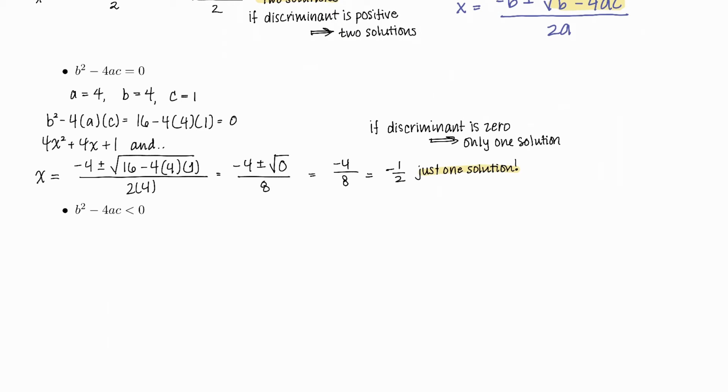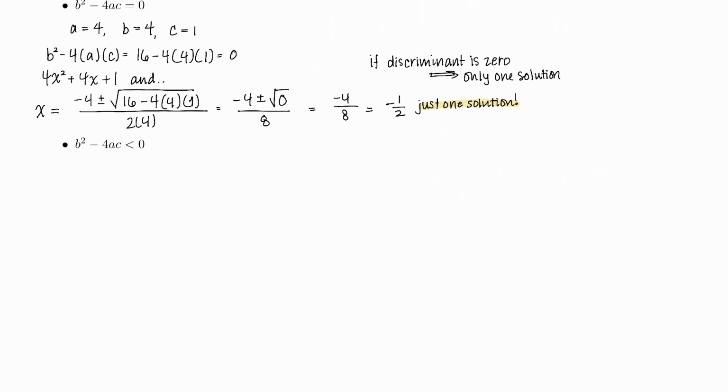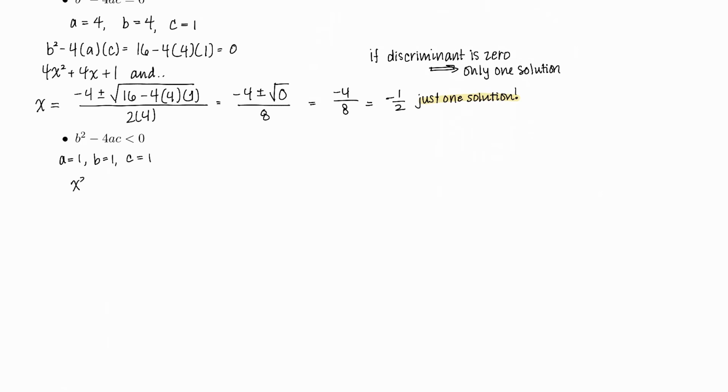And finally, we're asked to find a, b, and c so that b squared minus 4ac is less than 0. So maybe if we just pick a, b, and c to all be equal to 1, then our equation's going to look like x squared plus x plus 1.